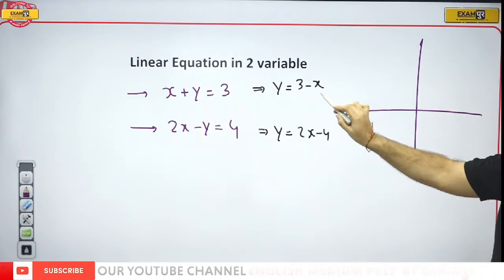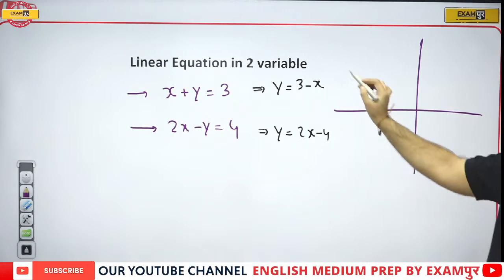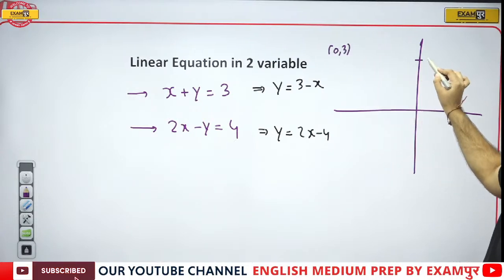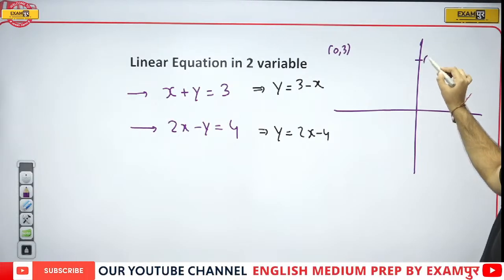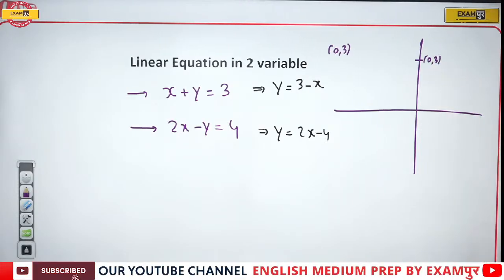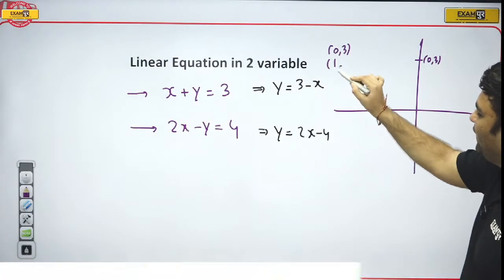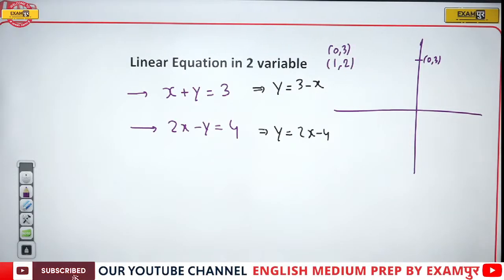For x is equal to 0, y is 3. So one point is 0, comma 3, which is this. For x is equal to 1, y is 2.